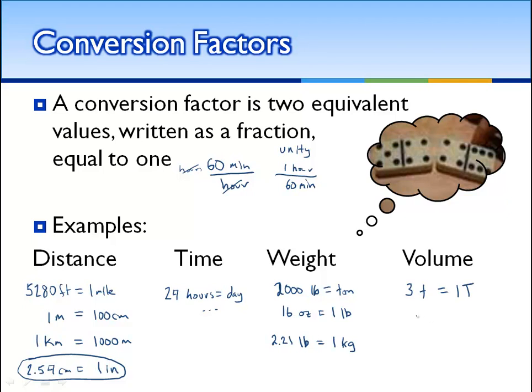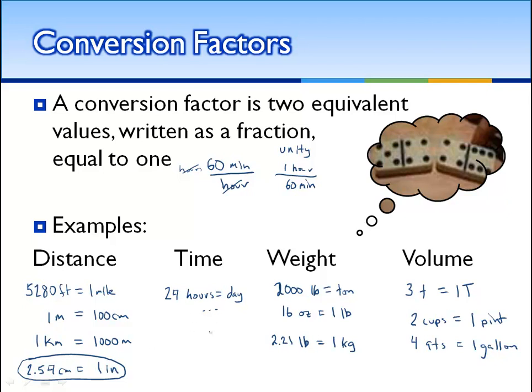I don't remember how many tablespoons there are in things like that, but there are 2 cups in a pint. And there are 4 quarts in a gallon, and there's lots more. Just to give you a couple brief ideas of some of the different conversion factors that we know.